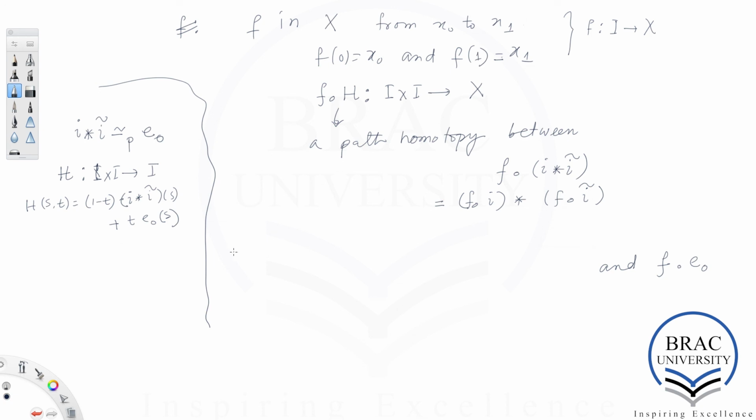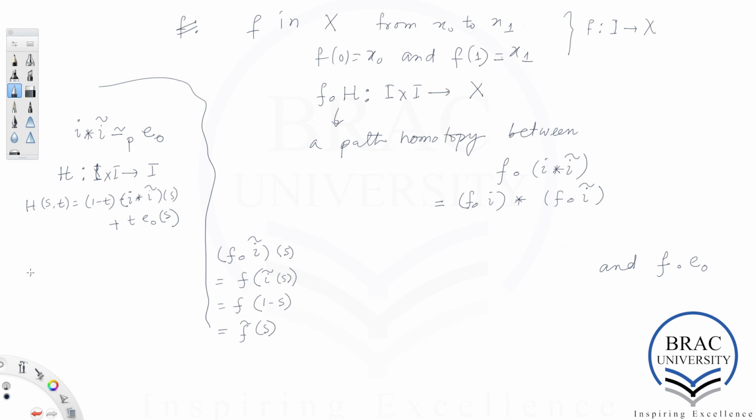Now, what is f composed with I twiddle? Let's see. f composed with I twiddle at S is going to be equal to f of I twiddle of S, which is f of 1 minus S. And this is nothing but f twiddle of S. The reverse of f is defined this way.